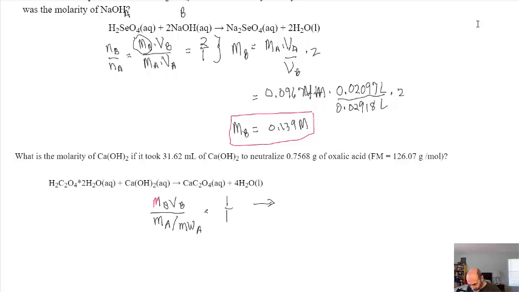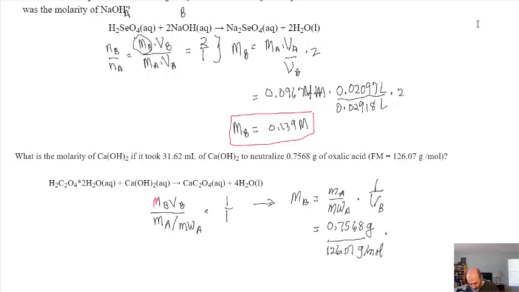So we have molarity of the base equals the mass of the acid over the molecular weight of the acid divided by the volume of the base. And we had the ratio of the stoichiometric coefficients, but that was 1. So now we're ready to put numbers in. We have 0.7568 grams divided by the molecular weight, which is given, 126.07 grams per mole.